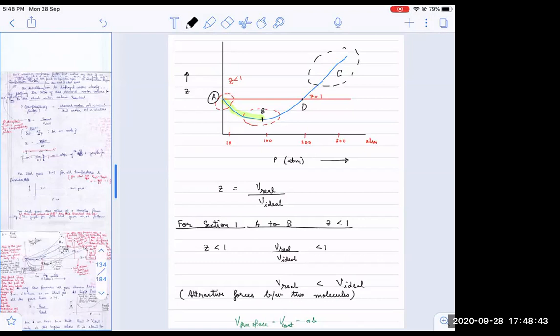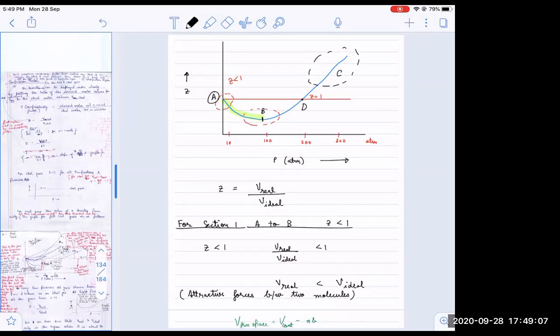Because the real gas, when applied with so much pressure, starts changing from gas to liquid and solid. That is the reason. Now, please imagine that liquid and solid also have some volume.